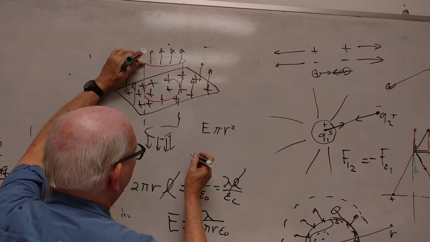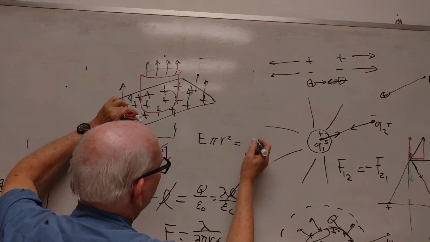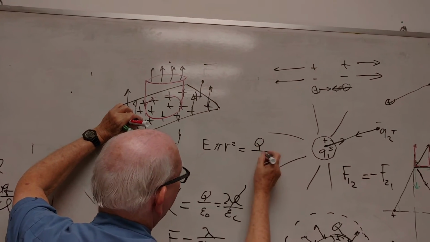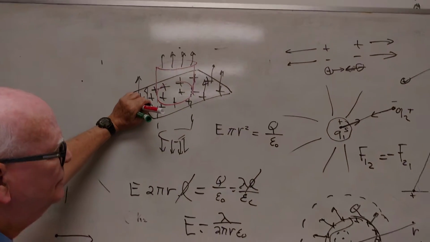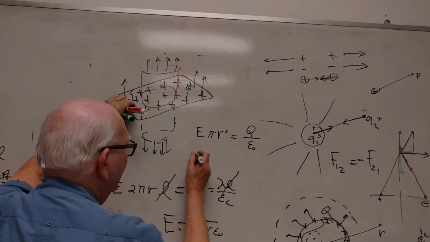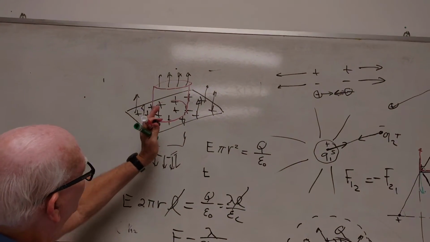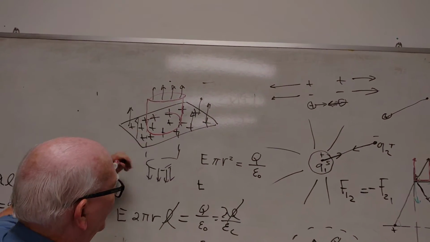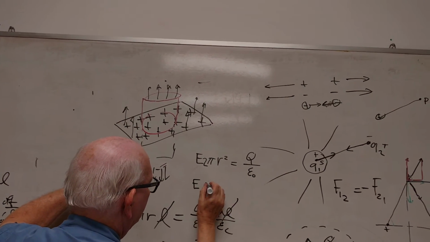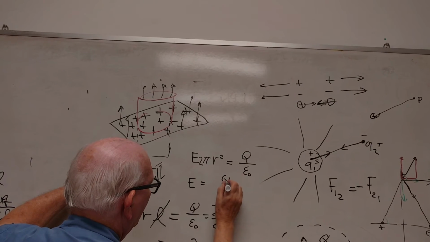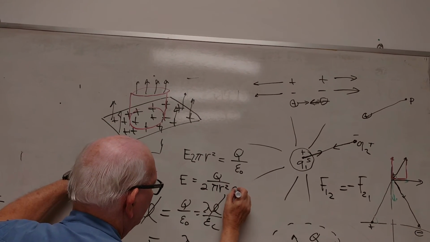And that has to be equal to the total charge enclosed on that area divided by epsilon 0. Okay, that's it. So the field is, well, divided by 2 because half the field goes up. In other words, the area is twice. Let me put 2 here. So E is going to be Q over 2 pi r squared epsilon 0.